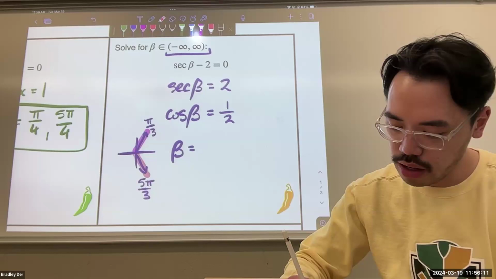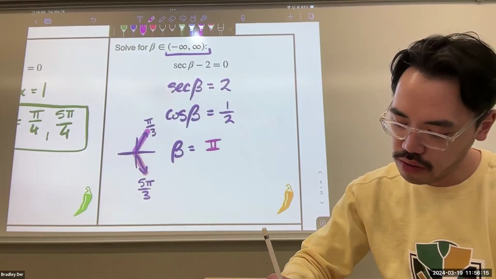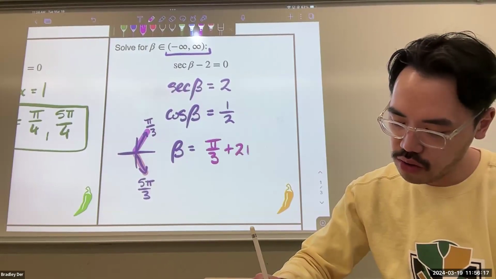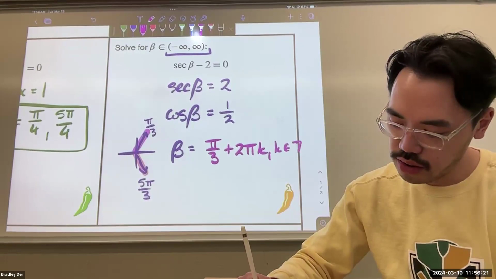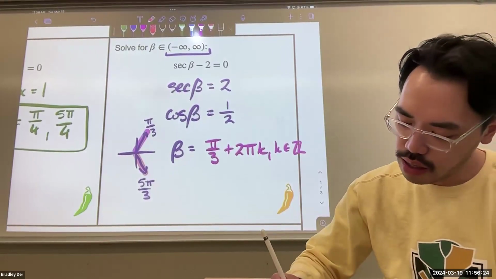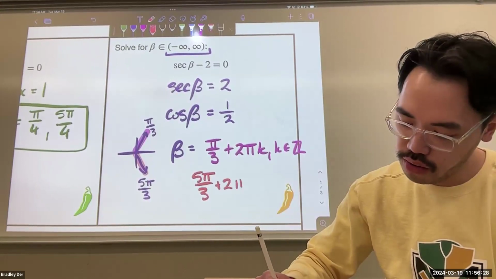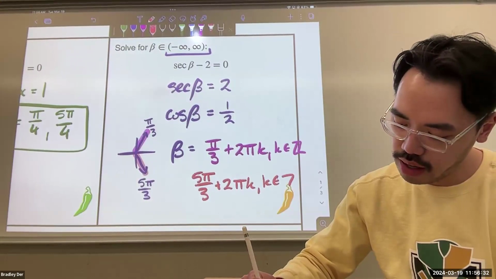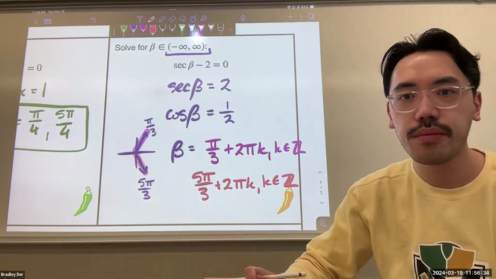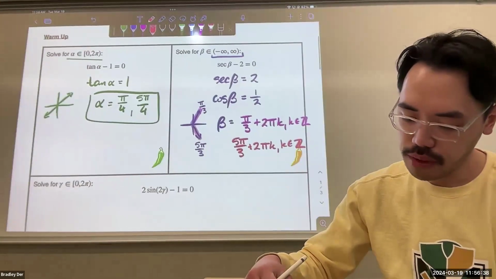Let's go pink there. But beta is equal to pi over 3 plus 2 pi k, where k is an integer. And then also 5 pi over 3 plus 2 pi k, where k is an integer. All right, so that would be the yellow.